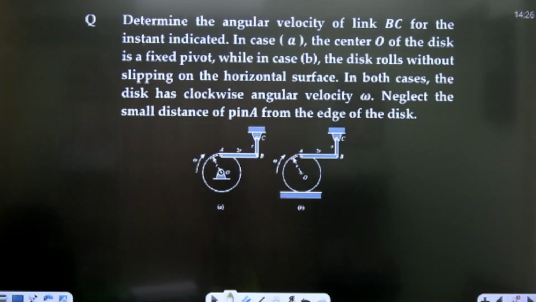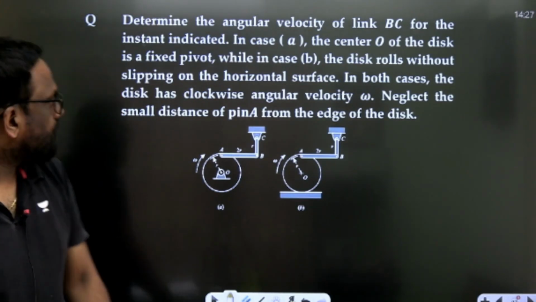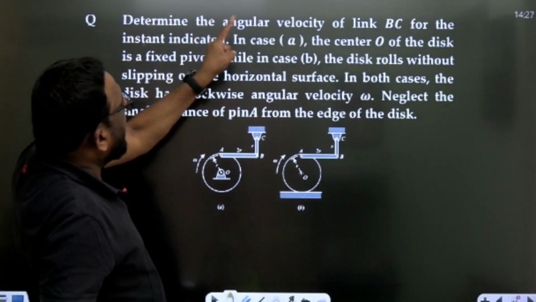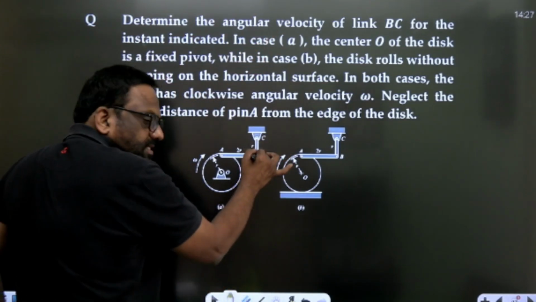Good question. Determine the angular velocity of link BC.